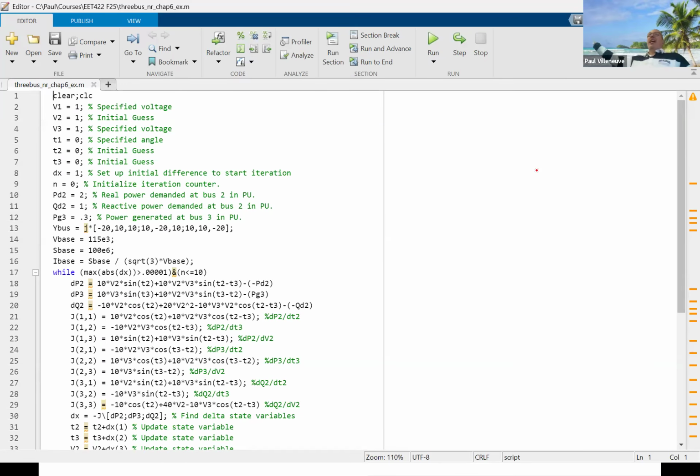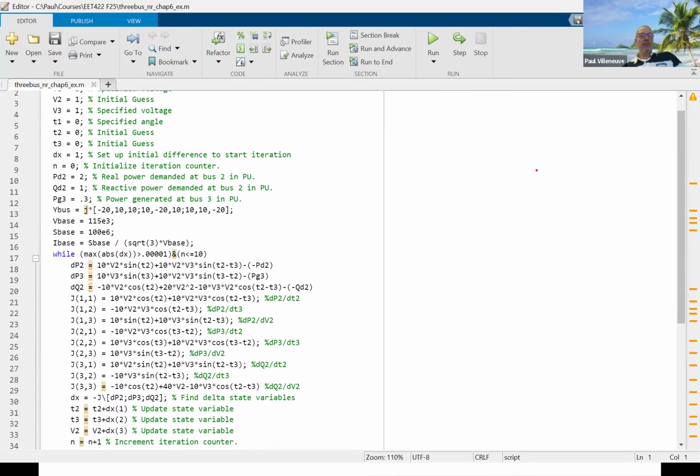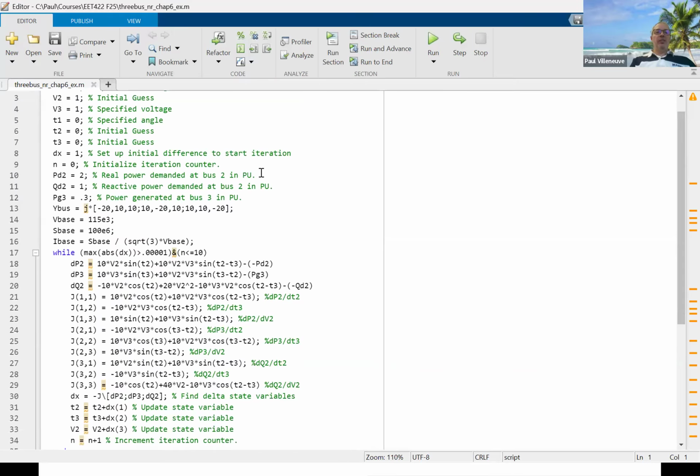I did it because I can change my assumed voltages. Instead of 1, like in the homework, I can do it 1.04, and it's no big deal to make the change. Whereas if I had to do 1.04 and I had simplified everything out, it's a lot of work. So all this stuff up until line 13 is all initial setup.